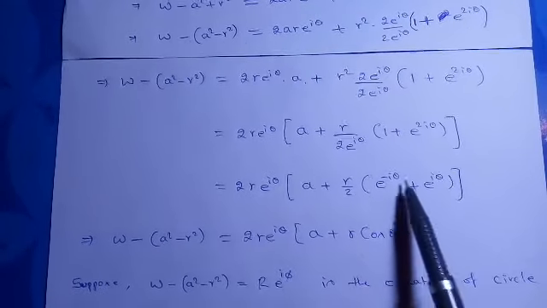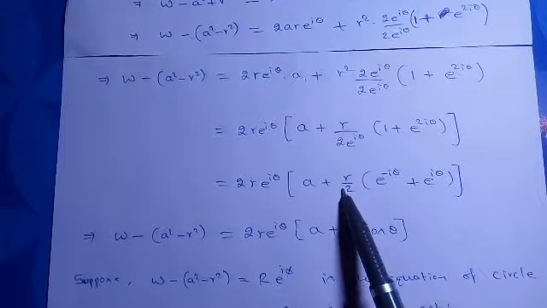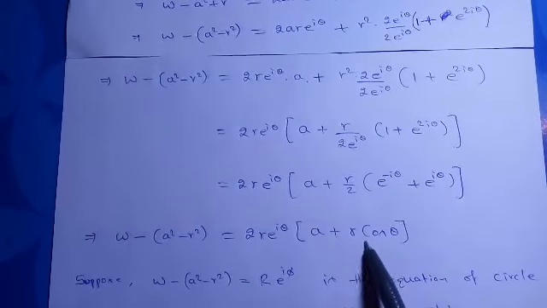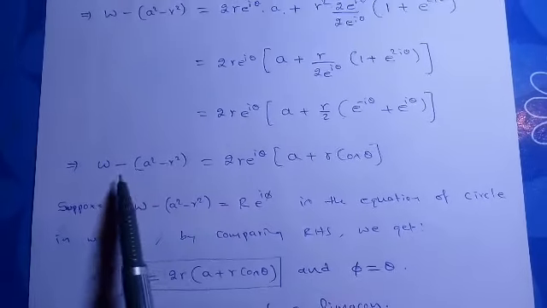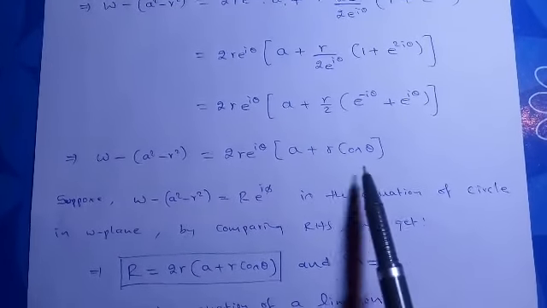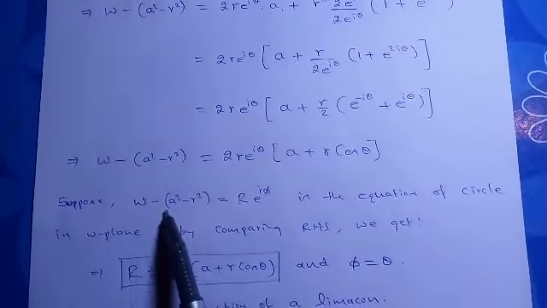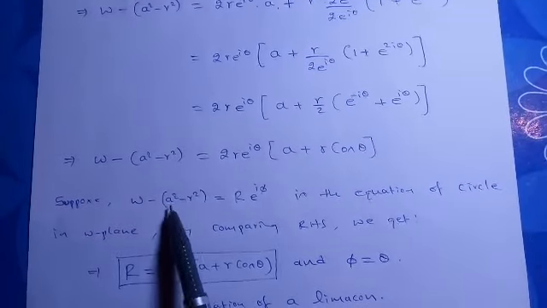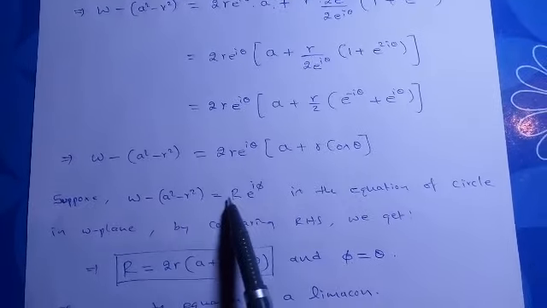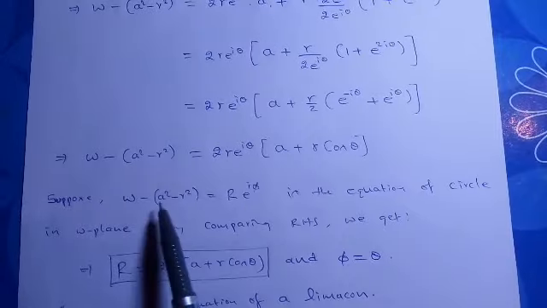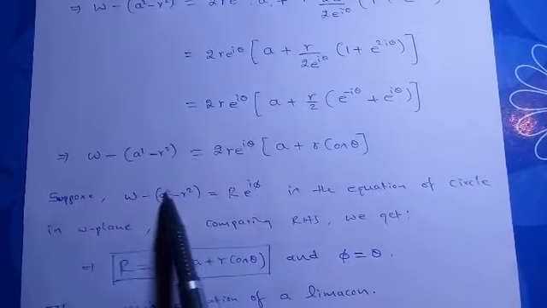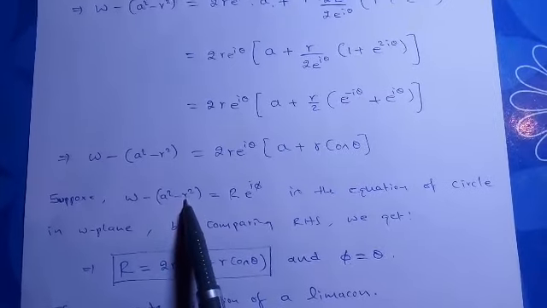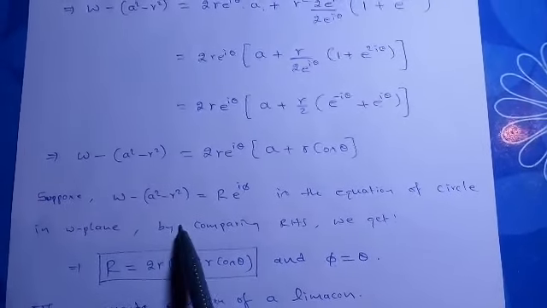Here, e power minus i theta plus e power i theta divided by 2 is cos theta. Right. Finally, we get this equation, and suppose w minus a square minus r square equals capital R e power i phi. This is the equation of the circle in w plane with center a square minus r square.